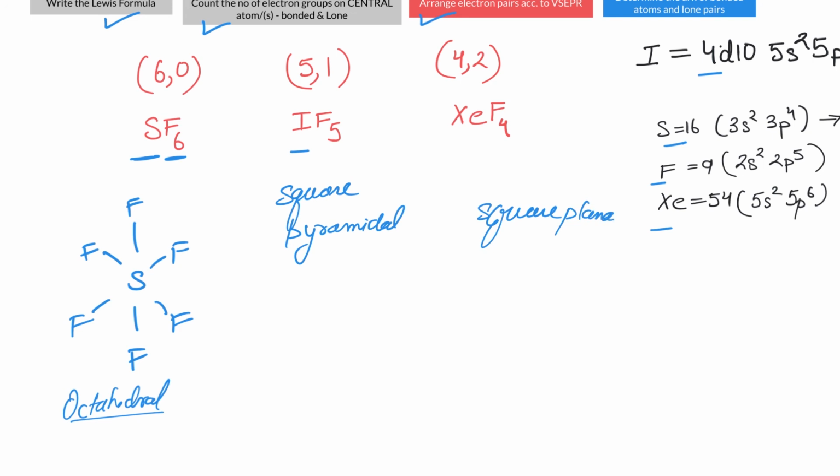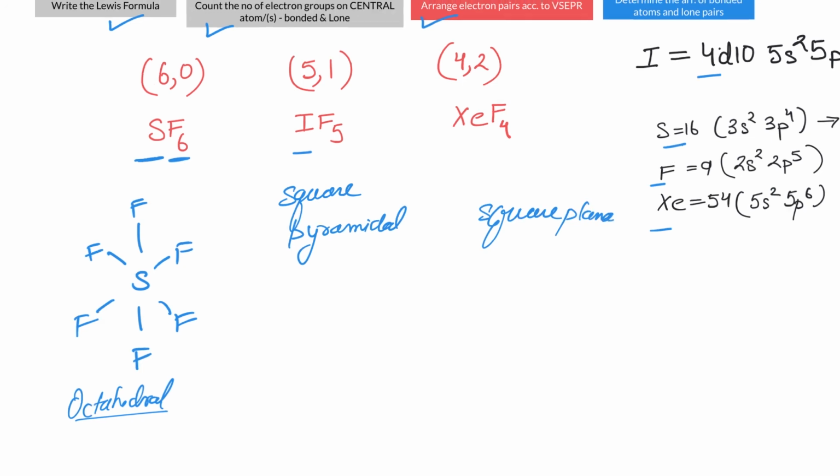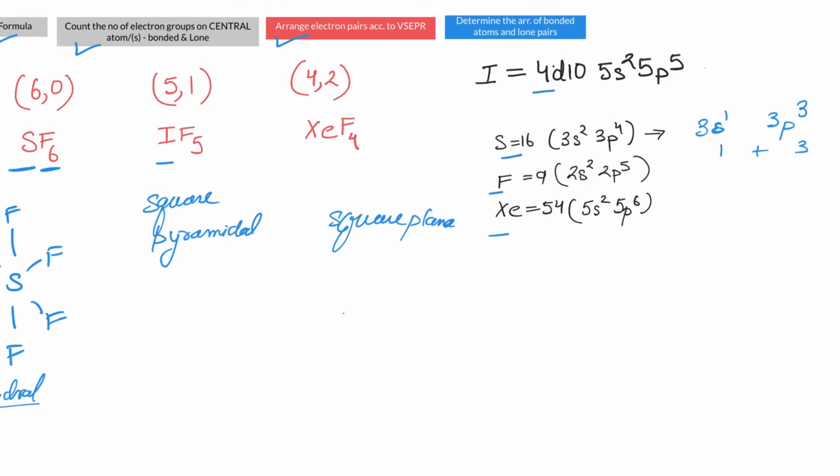Why do you have that? Because in case of XeF4, what you have is lone pairs. So all the fluorine occupy the four corners of the square, and you have lone pairs on top and the bottom of the plane, right? So that is why square planar, they all come as a perfect square.